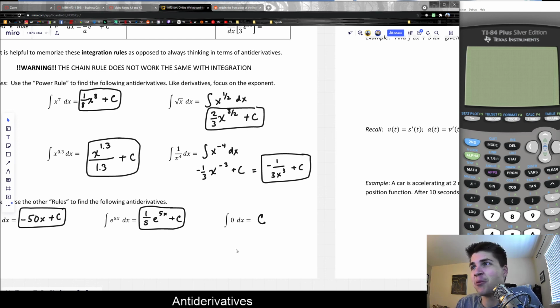They make it a little more complicated. Even 0 turns into something, hypothetically. Again, we don't know what. It could be any number that has an antiderivative of 0, which is why we refer to antiderivatives as a family of functions, because it could be 1/8 x to the 8th plus 7, or 1/8 x to the 8th plus 100. We don't really know, but that c just represents any number it could be.